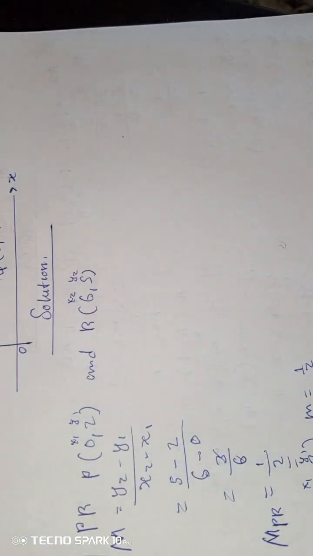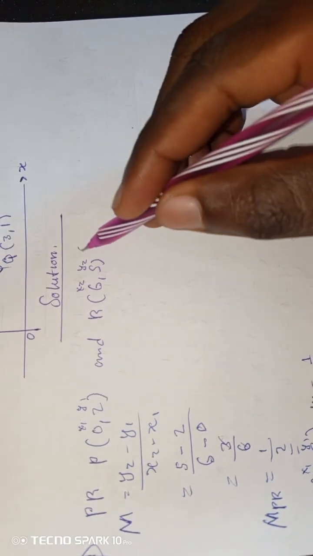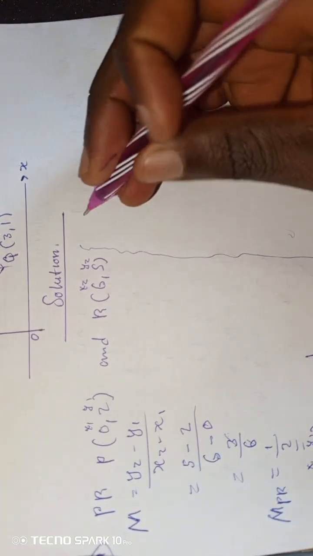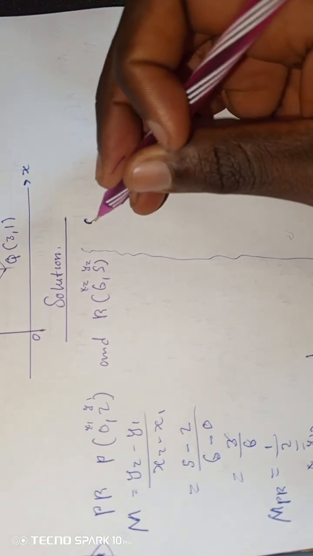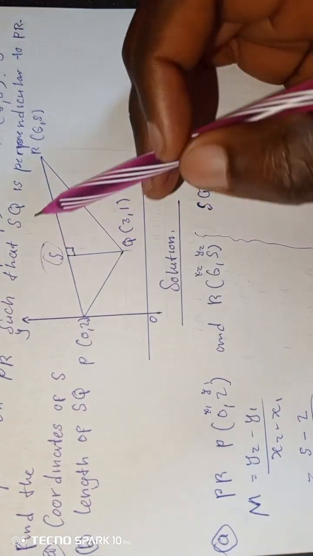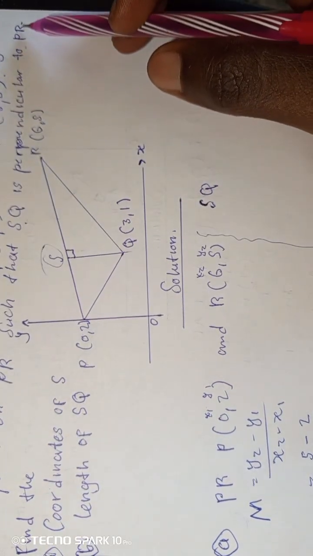From here again we need to find the equation for SQ. But here the question said SQ is perpendicular to RP.